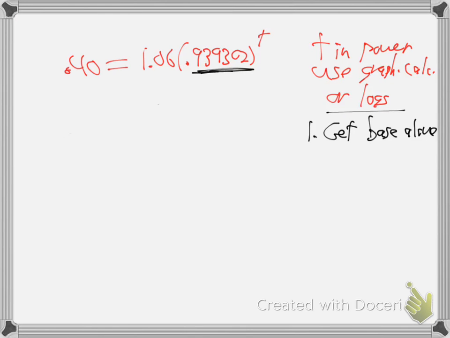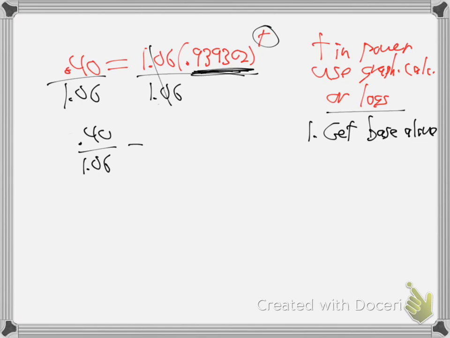A base is something that has something on it. So this is the base. It has the t power on it, right? That means you got to get rid of that 1.06 because he's not the base. So divide by that. The base is the 0.939302 thing. So get base alone.